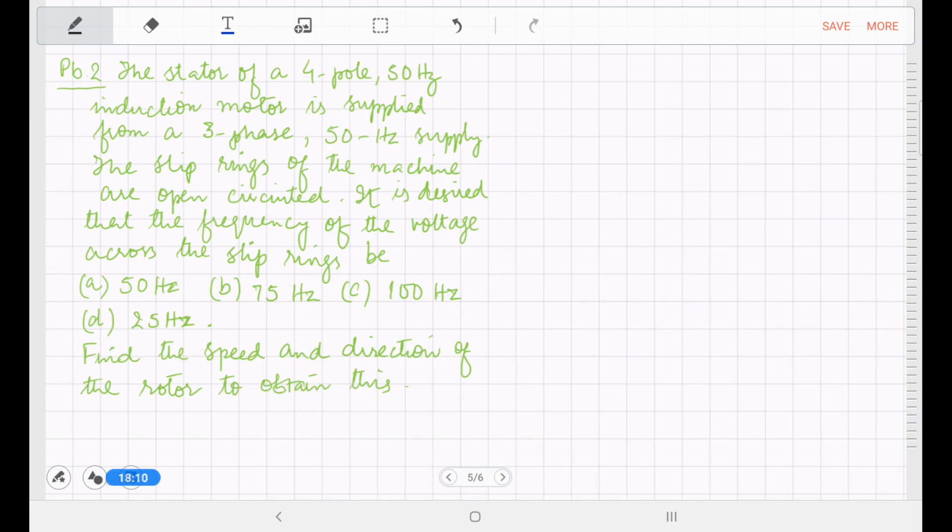Find the speed and direction of the rotor to obtain this. So we can see that in this problem we have specified the frequency of the rotor induced EMF, and in order to achieve the desired frequency across the slip rings, we have to find the corresponding speed at which the rotor has to be rotated.